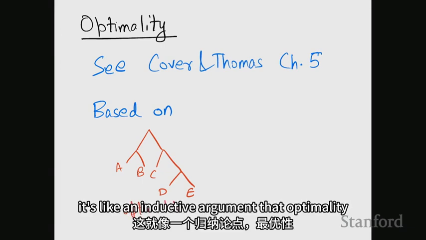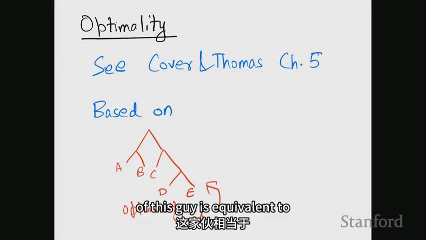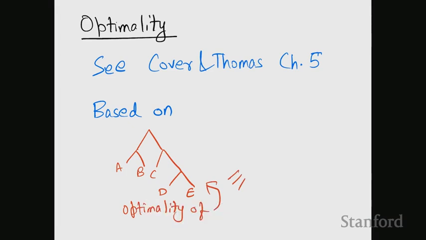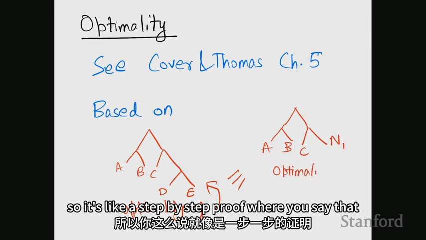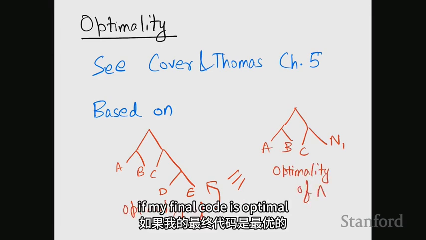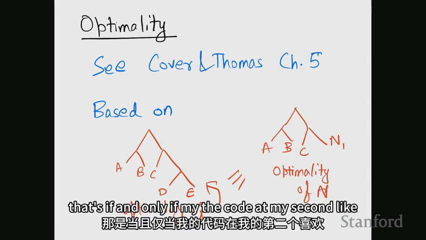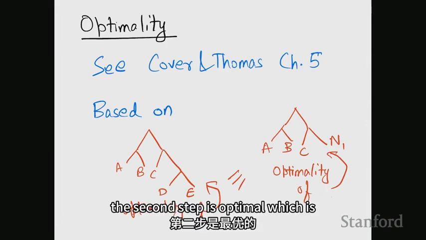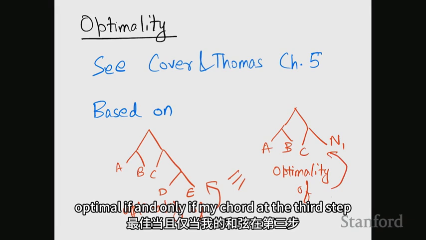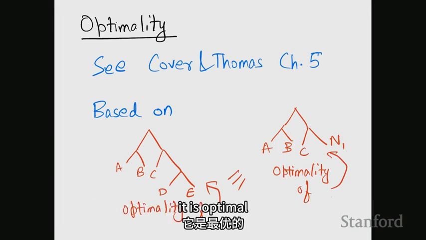It's a step-by-step proof where you say that if my final code is optimal, that's if and only if the code at my second step is optimal, which is optimal if and only if my code at the third step is optimal.